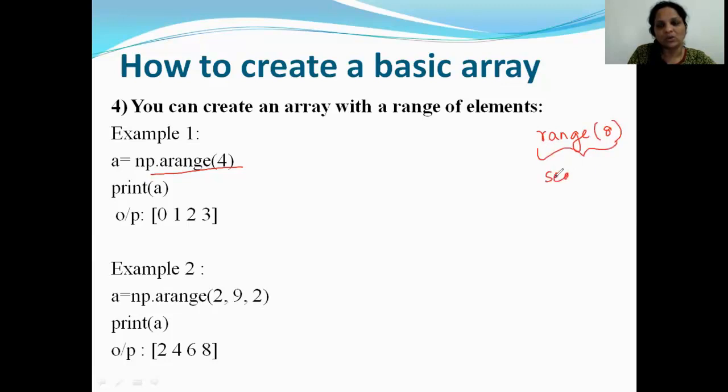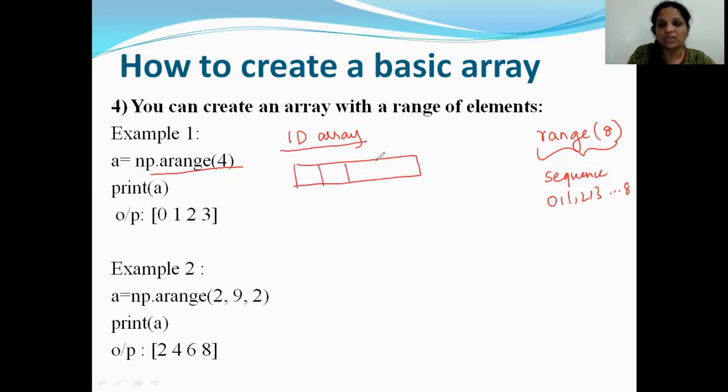It creates a sequence of numbers ranging from 0, 1, 2 till 8. Same is the case here. If you write arange 4, I am creating a 1D array. Now arange allows me to create only 1D arrays. And what are the elements going to be in the 1D array? Arange of 4. That means the elements are going to be 0, 1, 2, and 3.